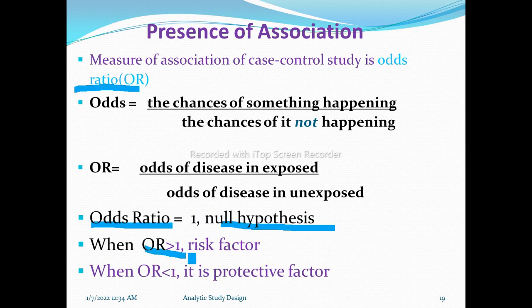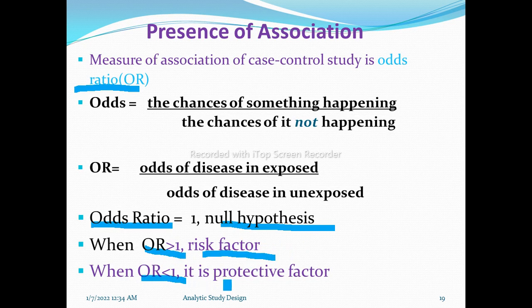When odds ratio is greater than 1, it is a risk factor. That means the risk factor will lead to the development of the disease.